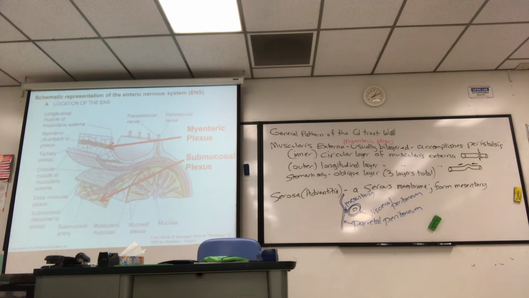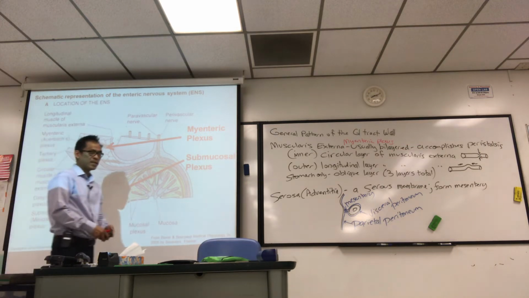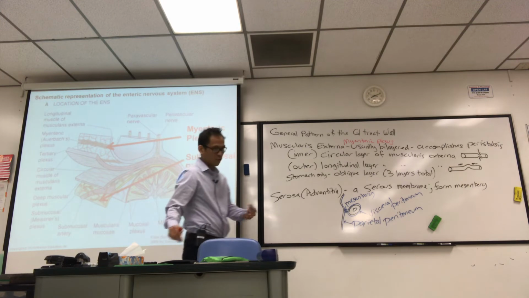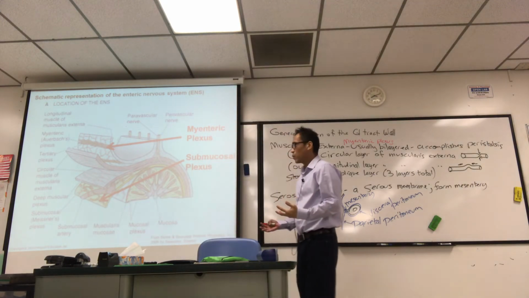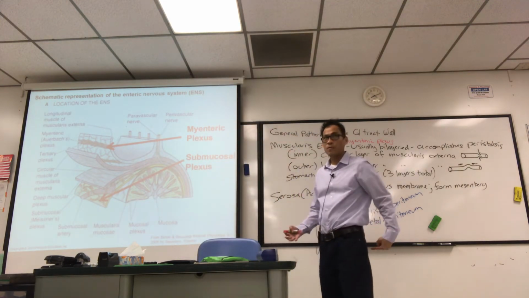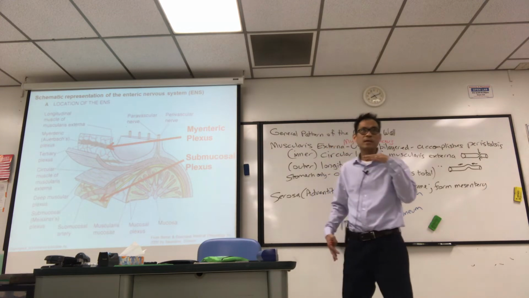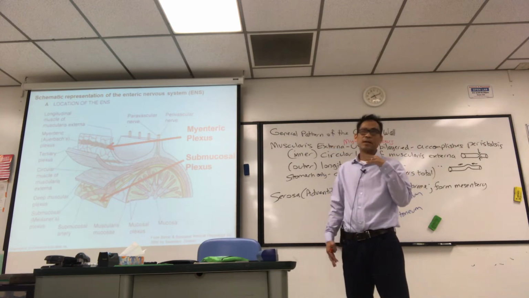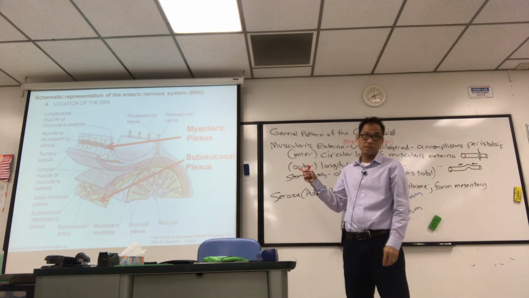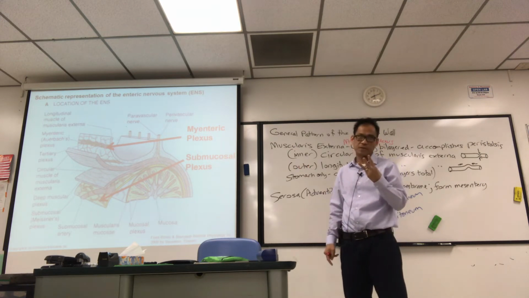Well, anyways, what I want you to know is that the myenteric plexus, in addition to the submucosal plexus, comprise the enteric nervous system. Think of it as a mini brain. As soon as you swallow food, the only thing you realize is when you feel the urge to go at the other end. Everything else in between is unconscious. And it's all taken care of by this nervous system. Think of it as a third nervous system.